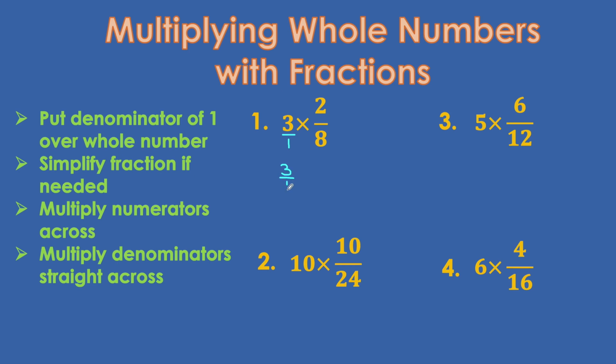3 over 1 times 2 over 8. Find the greatest common factor between 2 and 8, which is 2.